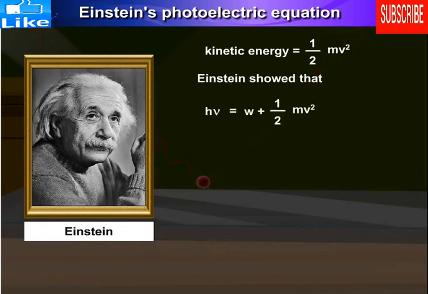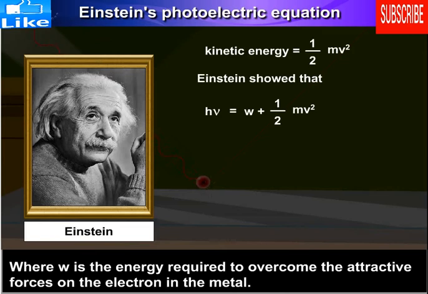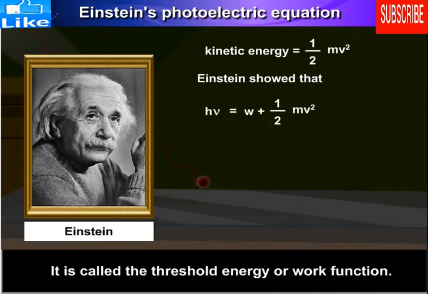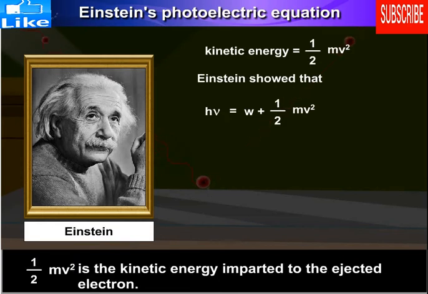Einstein showed that hν = W + 1/2 mv², where W is the energy required to overcome the attractive forces on the electron in the metal. It is called the threshold energy, or work function. 1/2 mv² is the kinetic energy imparted to the ejected electron.